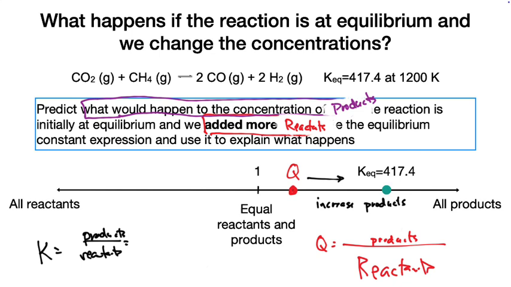So what's going to happen to the concentration of CO? That's going to have to increase so that I can get towards my K. Can you see that? What's going to happen to the concentration of my reactants? Say again? The concentration of reactants are going to have to decrease.